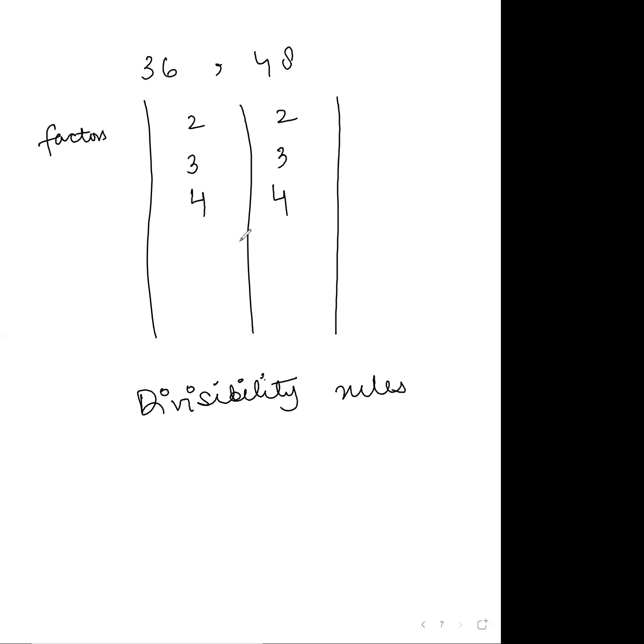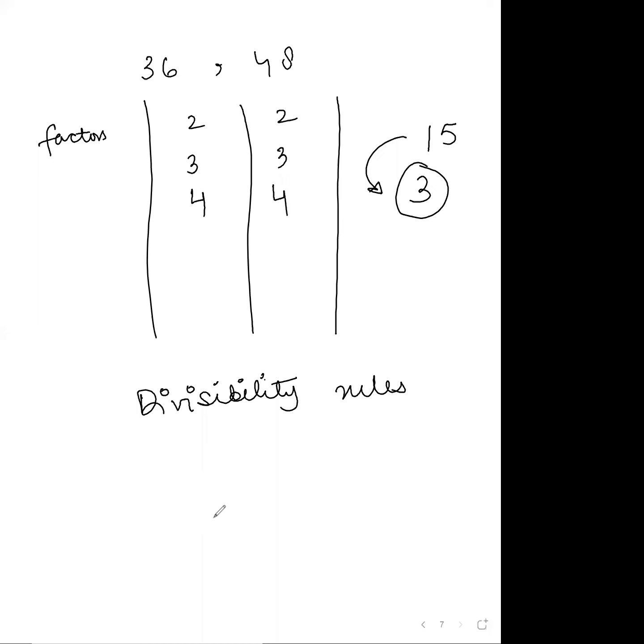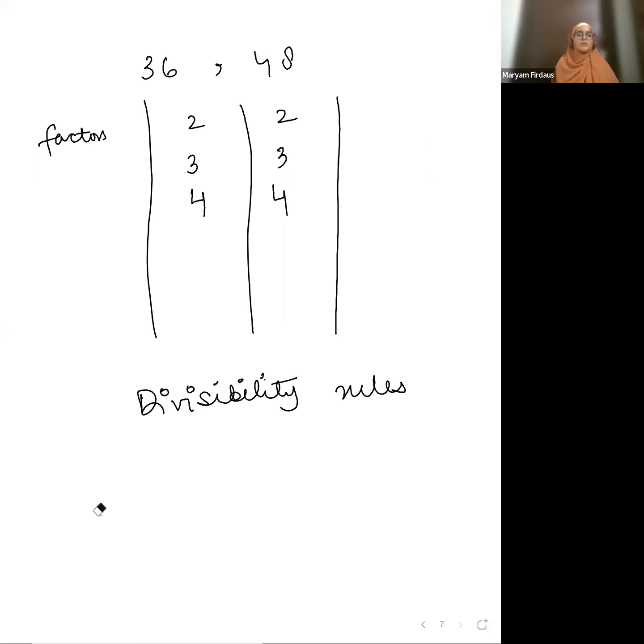If a number is divisible by 3, then it is divisible by 6. No. Acha, how about the number 15? 15 is divisible by 3, right? Is it divisible by 6? No. So what you said turns out to be wrong. In fact, you're getting a little bit confused.